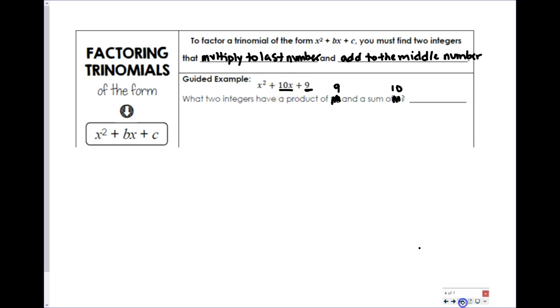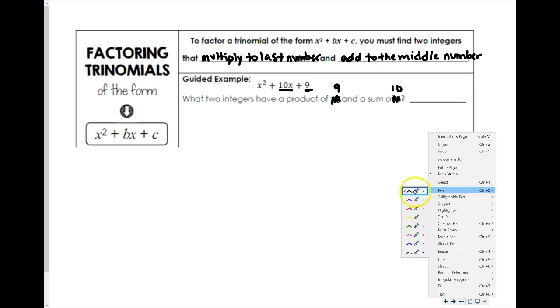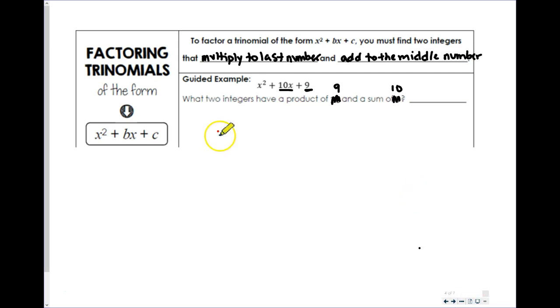There's two ways, and I don't care which way you do. The first thing I do is I draw an area model. I know that x squared has to go here, and I know that 9 has to go here. I know that this has to be x and x logically. What I don't know is what goes on the sides.